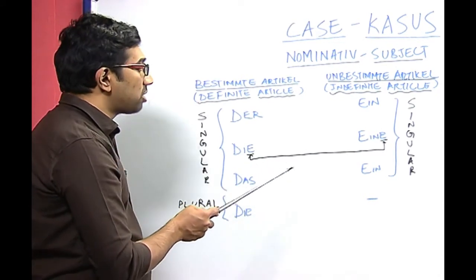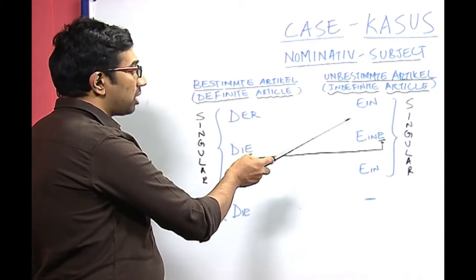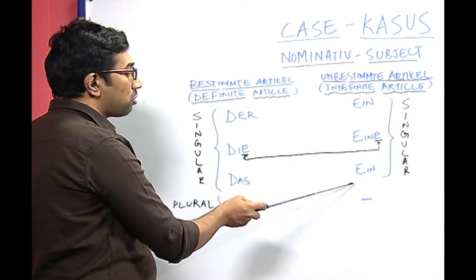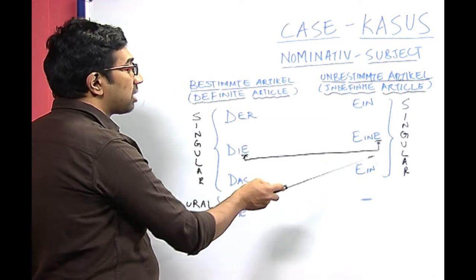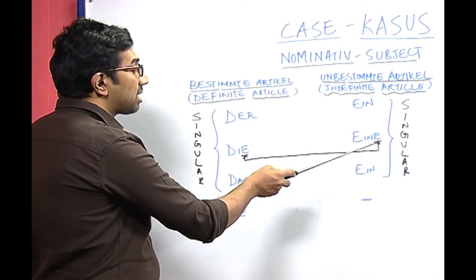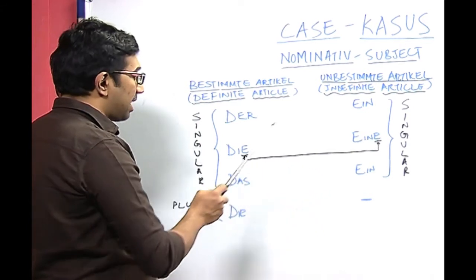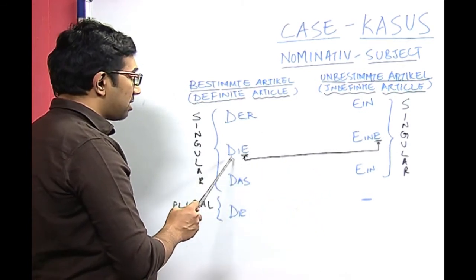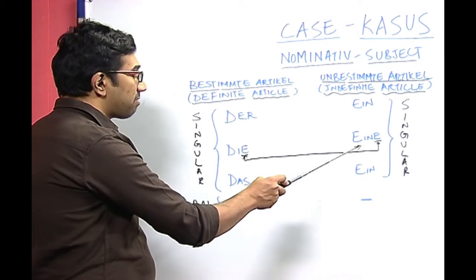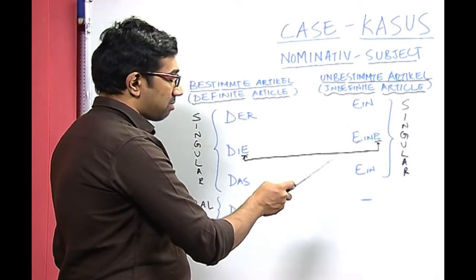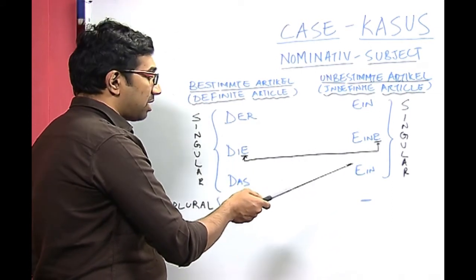So, in order to recognize indefinite articles in masculine, feminine and neutral, always look whether the article carries the ending e, and if the article carries the ending e in the definite case or in the indefinite case, then the noun has the gender feminine.